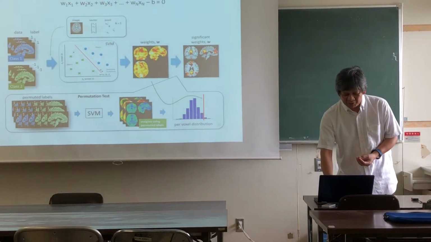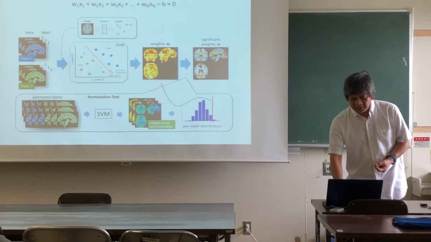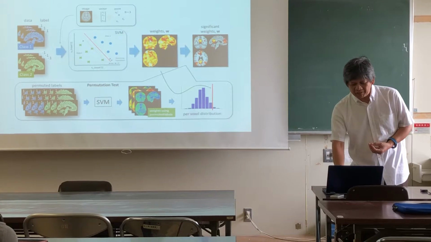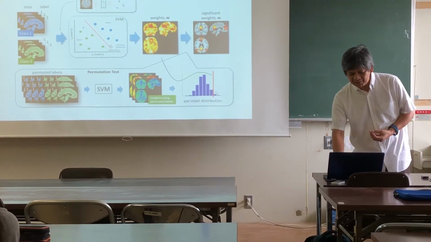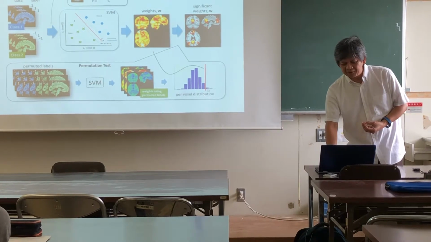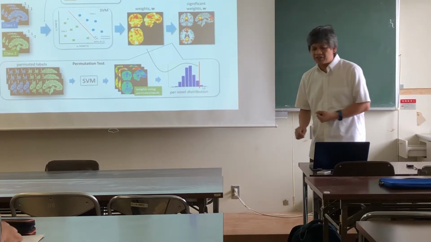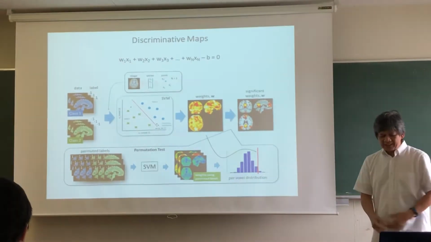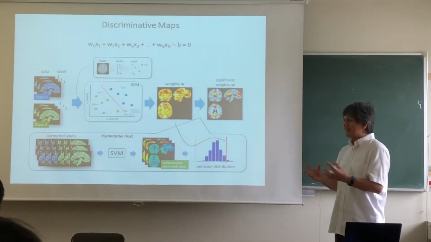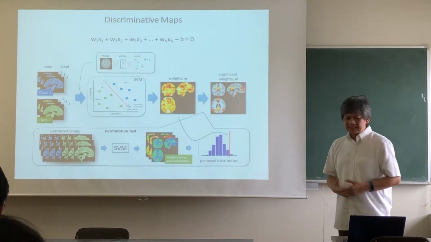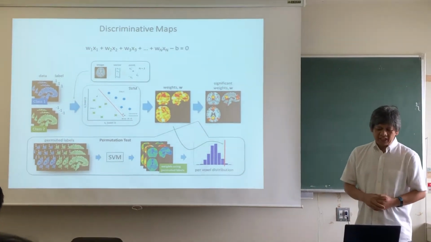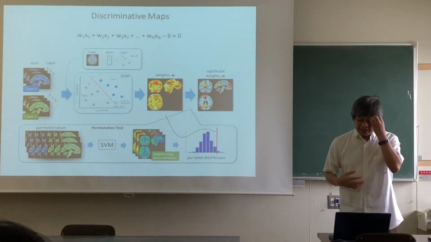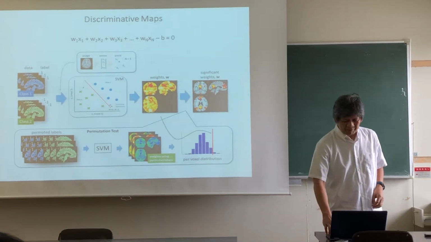So this is our null distribution, and we now go back to the original weight and compare it to this distribution. So for example, if the weight value of the original is higher than some threshold here, then we say that that weight is significant in the classification. And we label it in the image. We do this for all of the weights, and we end up with an image of weights that are significant in the classification. We call this our discriminative maps. I will come to this later, in how to improve the classification process for our particular problem.